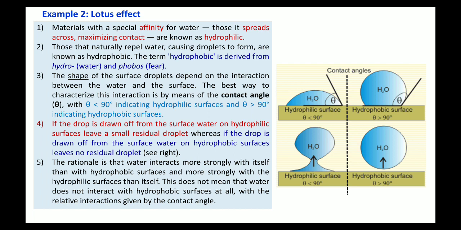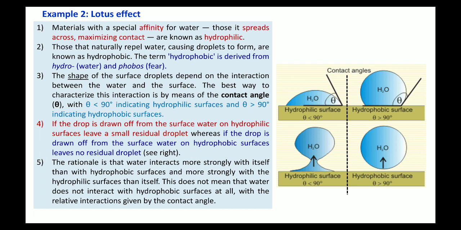In case of hydrophobic surface, what happens? The interaction between the water molecules is stronger than the interaction between the water molecule and surface. Okay, and because of that all the water get removed.